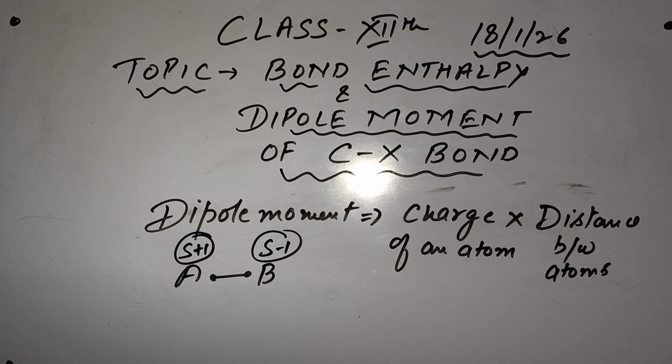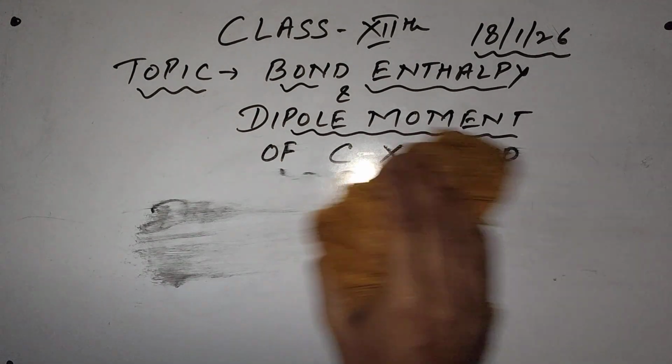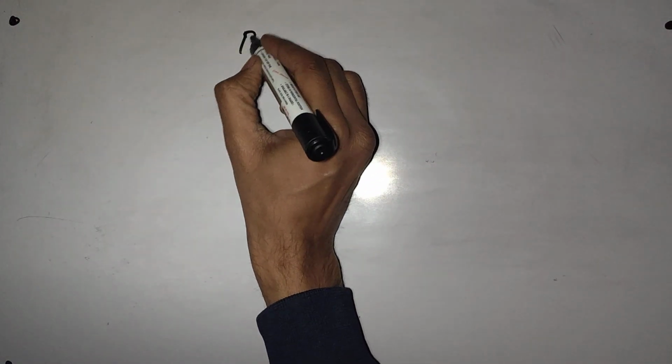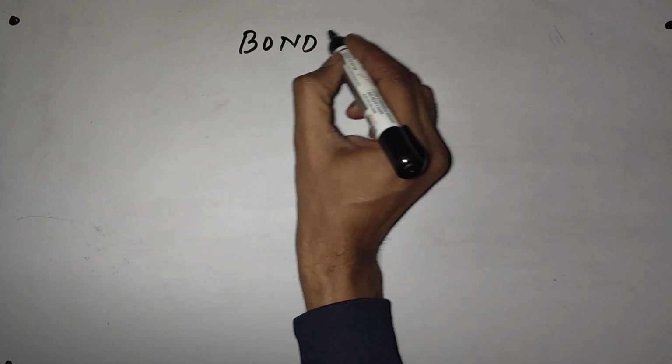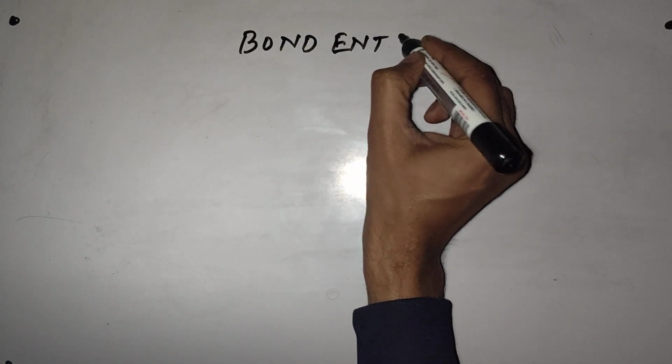Now in haloalkane we have a C-X bond, and the C-X bond can be of 4 types because X is of 4 types: fluorine, chlorine, bromine, iodine. So first I am going to check the bond enthalpy order.